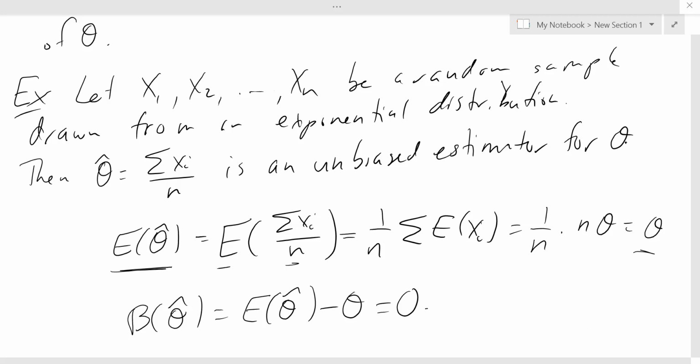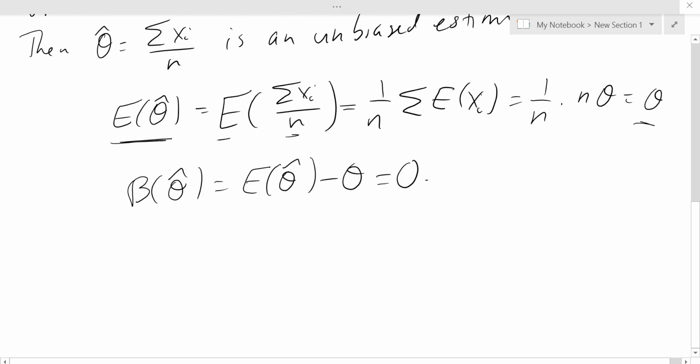What about an estimate for the variance, for example? If I wanted an estimate for the variance here, what is the variance of an exponential distribution in terms of theta? It would be theta squared, right?